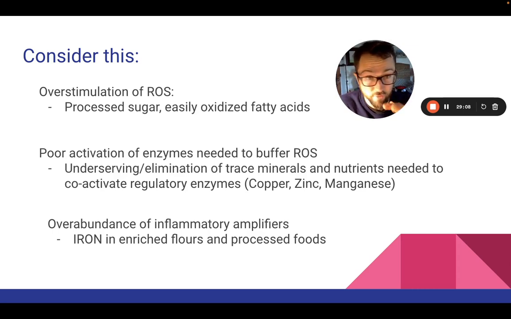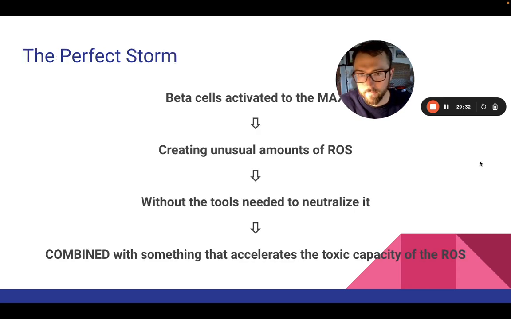So it's floating freely in too many cells, cells that are unable to handle the ROS that is accumulating in them. So you've got too much ROS and too much iron. The Fenton reaction, we are creating so many hydroxyl radicals, the cell is just overrun with oxidative stress.